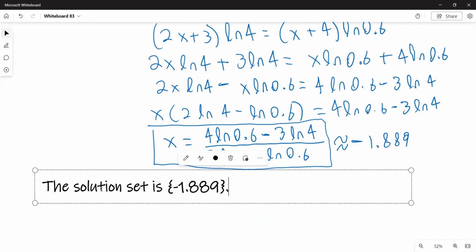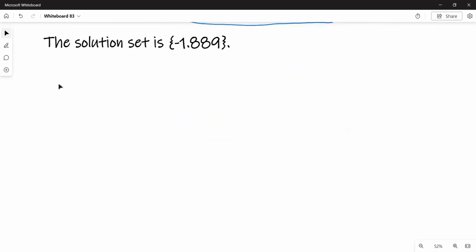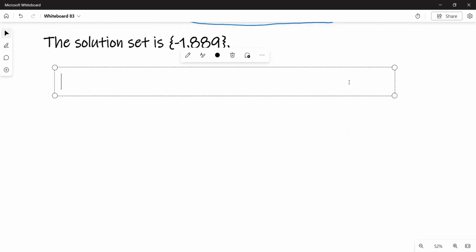Okay, whenever we have exponential equations with base e, we can use the definition or we can use the properties of exponentials. So the next examples are solving exponential equations with base e.